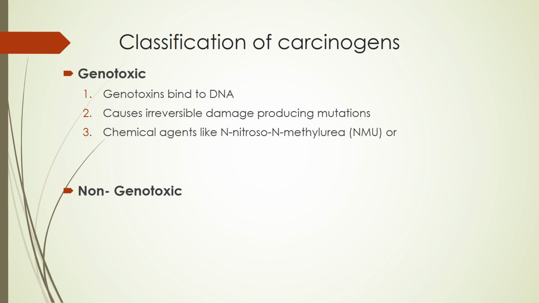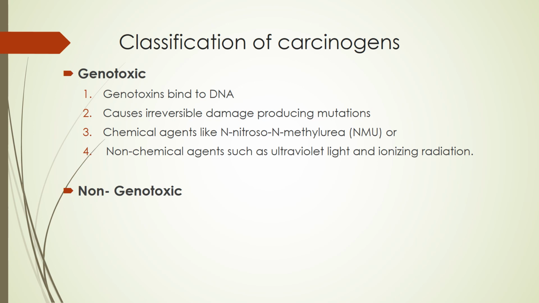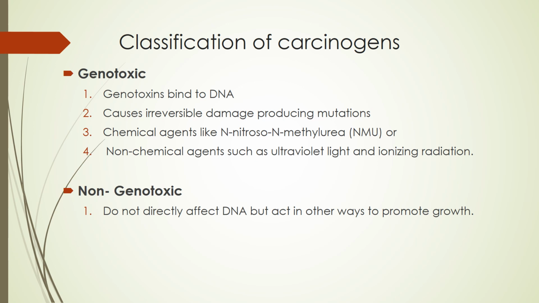These include chemical agents like nitrosomethylurea, a very difficult name to pronounce, or non-chemical agents such as ultraviolet light and ionizing radiation. Non-genotoxic agents don't damage the DNA directly, but act in other ways to promote growth. So this slide is basically a summary or repetition of the previous slide. The non-genotoxic agents include hormones and some organic compounds.